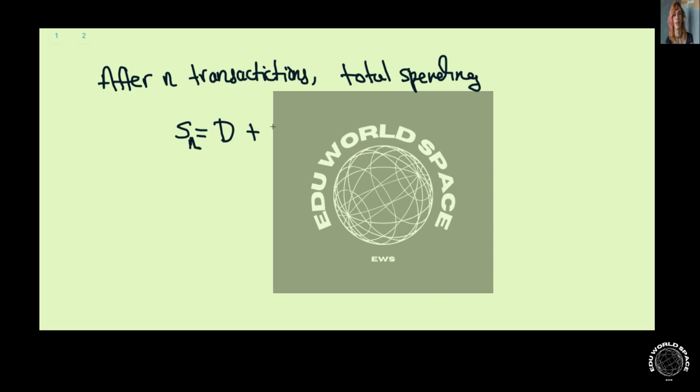So we have D from the government, then DC from the first transaction after that, and so on. And since we started off with no C, we go all the way up to N minus 1. But this is just a geometric series, so we have a formula for this.